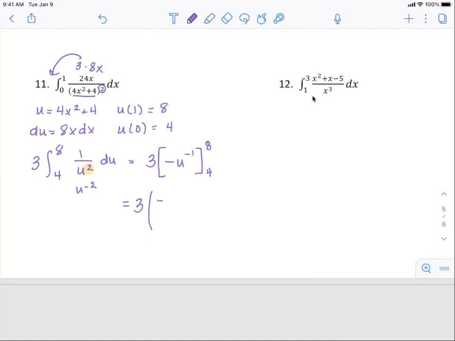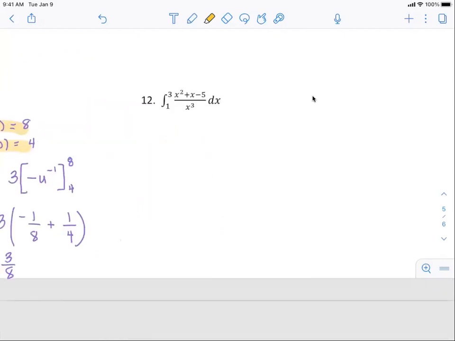So this is going to be negative 1 over 8 minus negative, so it becomes positive, 1 over 4. And the answer is 3/8. Do not forget this step. A lot of you are forgetting that when you're doing these integrals.